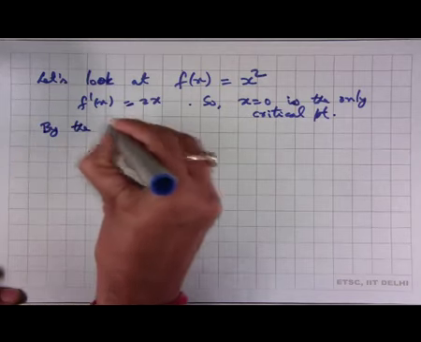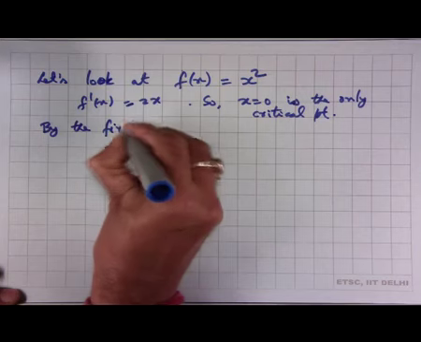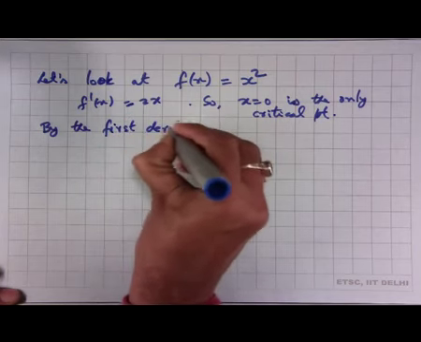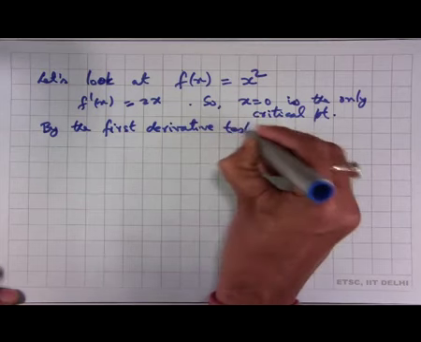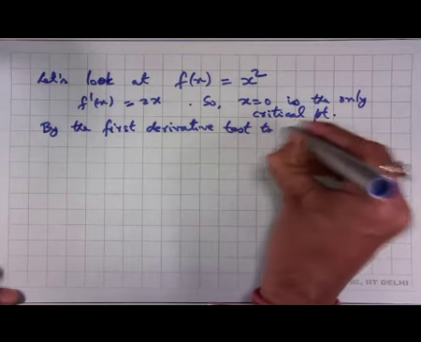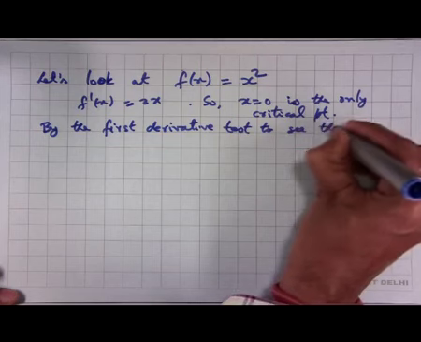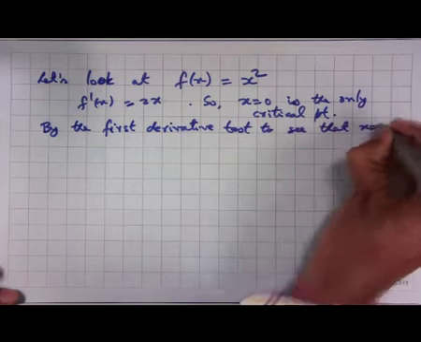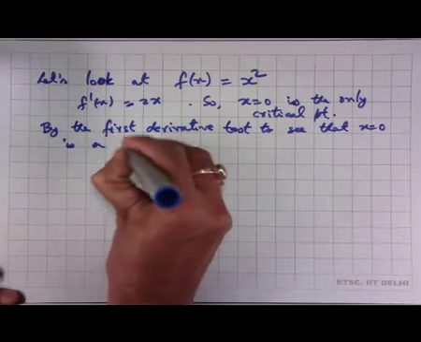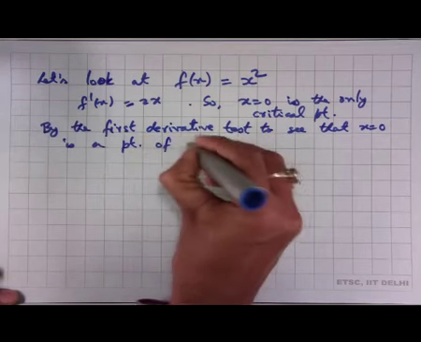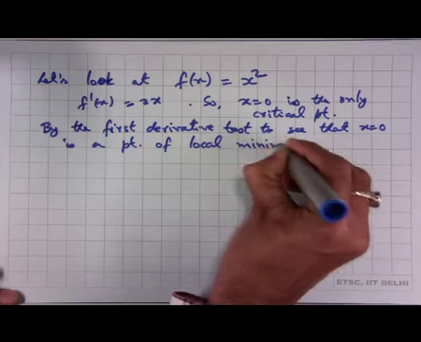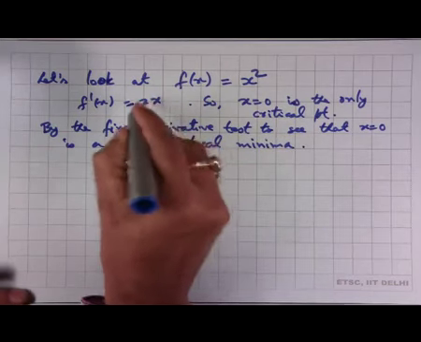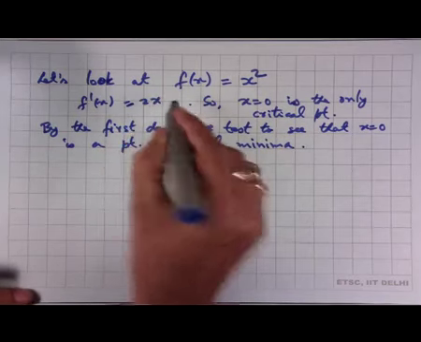We can use the first derivative test to see that x equal to 0 is a point of local minima, because f prime x is negative, it changes from negative to positive.